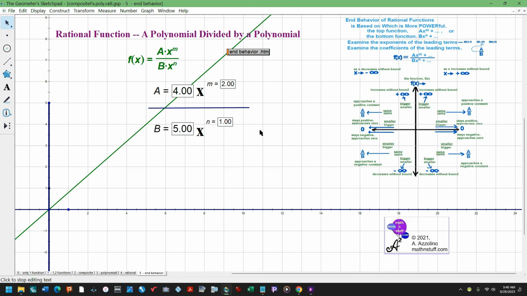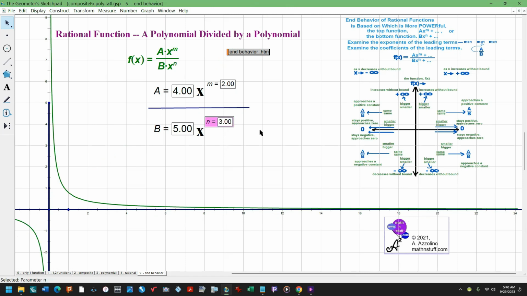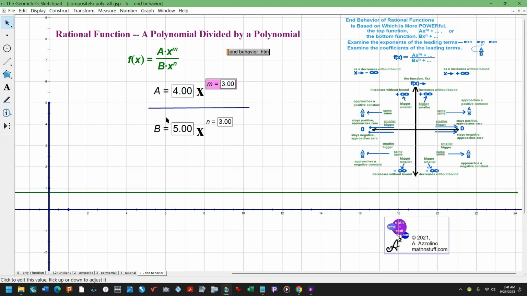Let's make the bottom bigger. It's going to 0. Let's make them equal. It should be going to 4/5. Bingo, it's going to 4/5.